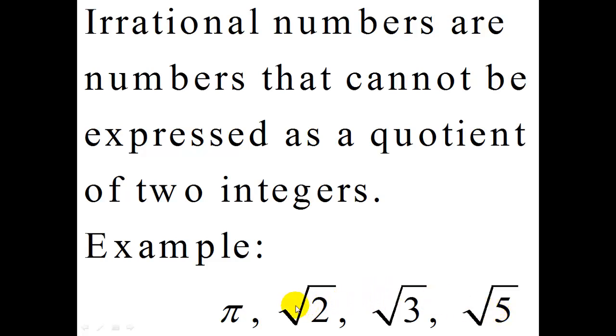These are all numbers that cannot be expressed as a quotient or fraction of integers, and so they are called irrational numbers.